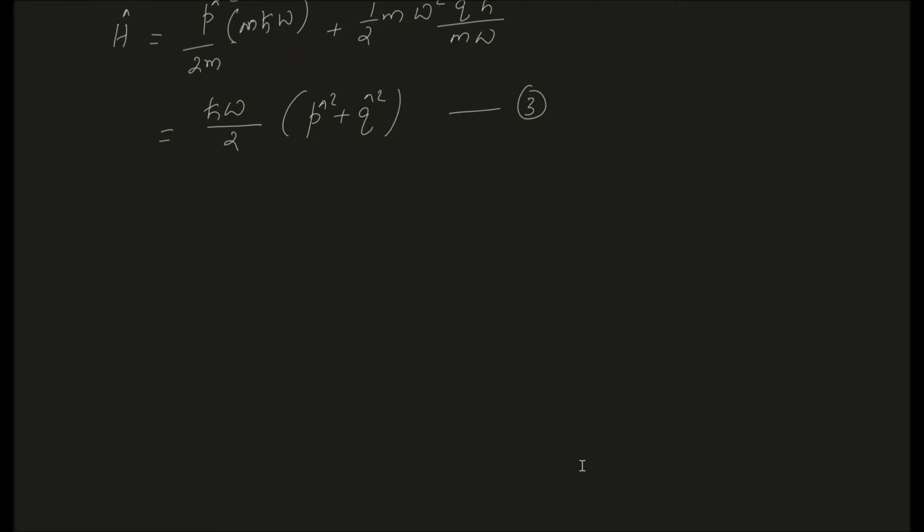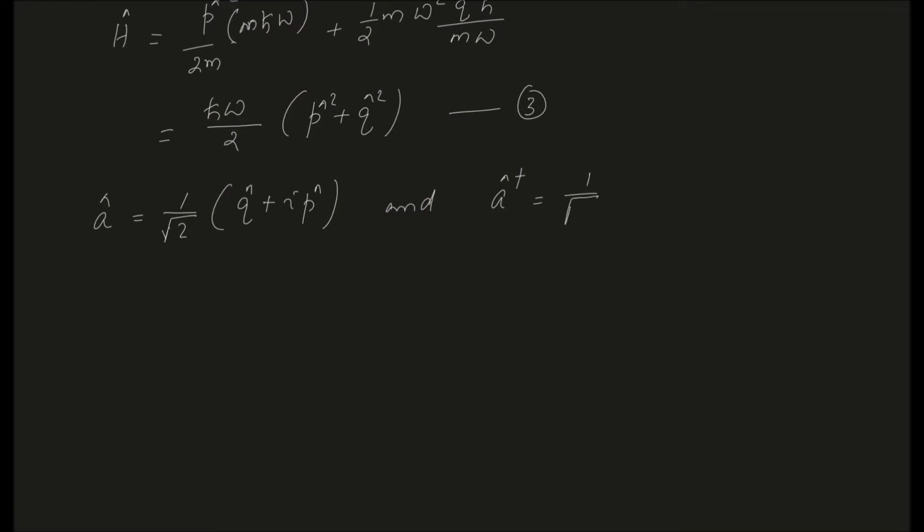And now we are going to introduce another operator. Let's say an operator A, which is defined as 1 by root 2 into q plus ip, and a dagger, which is basically the dagger of the A operator.